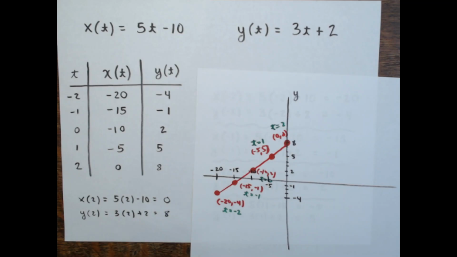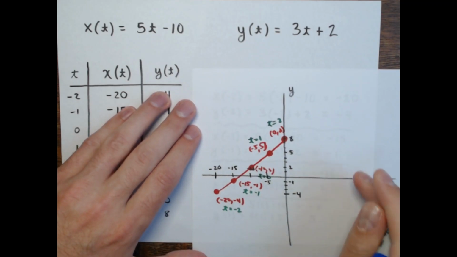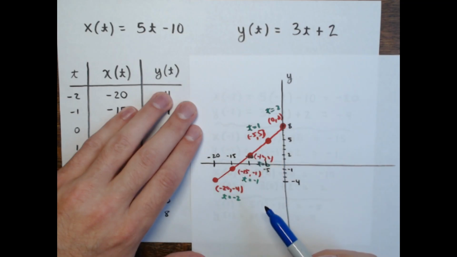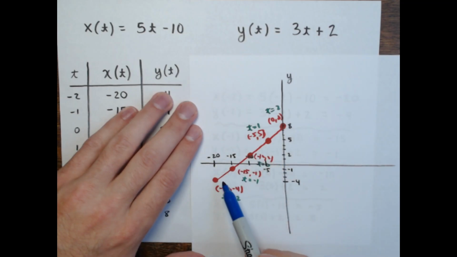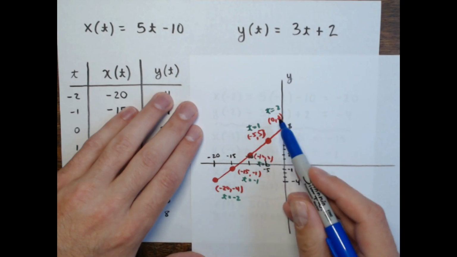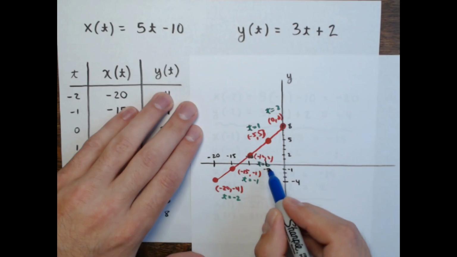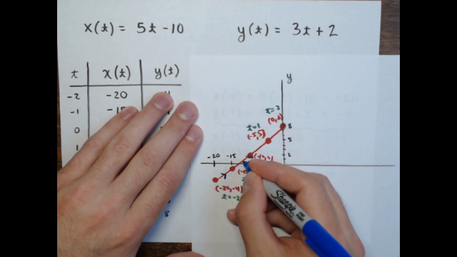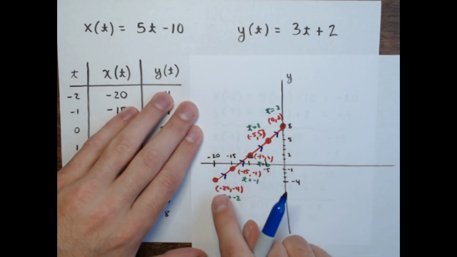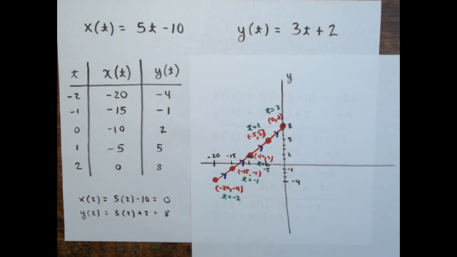And as I said a second ago, usually they'll put orientation marks, direction marks on parametric curves, indicating where the curve is going as the value of the parameter increases. So as our t increases, we're going this way. Here are some little arrows pointing the direction that the curve is going in.